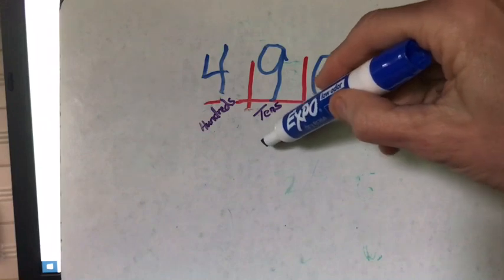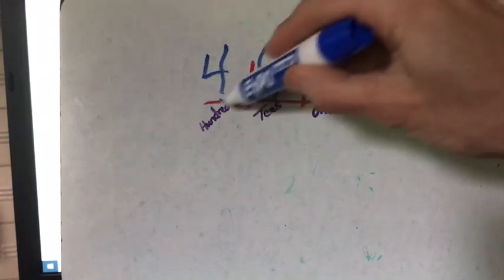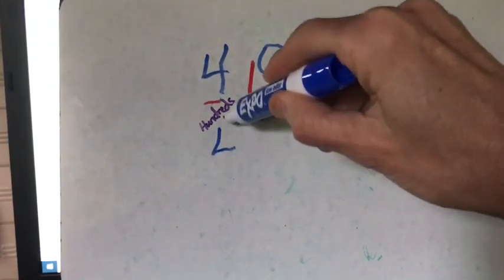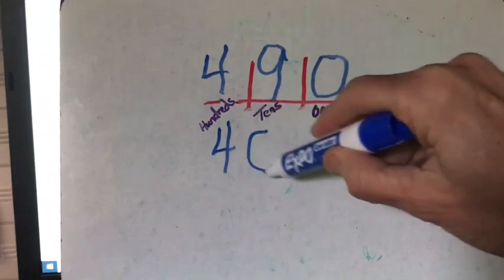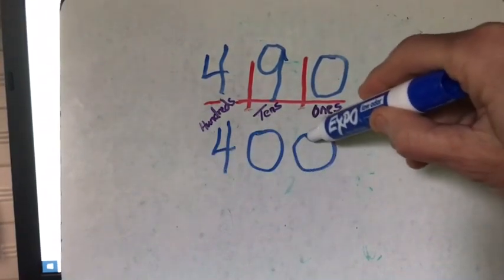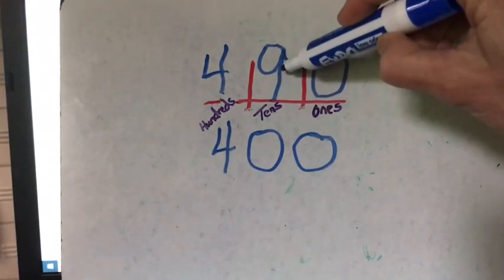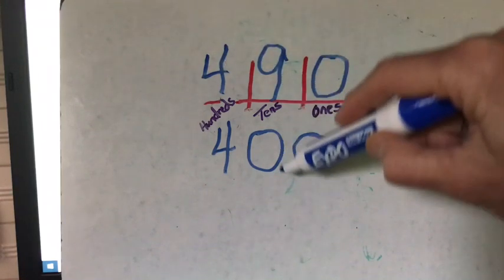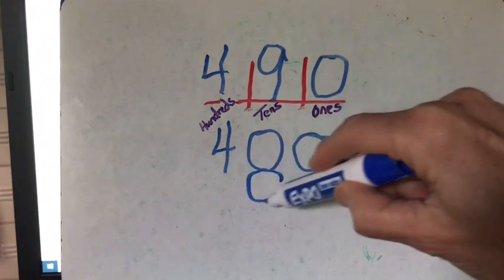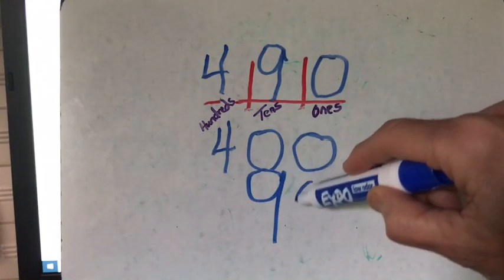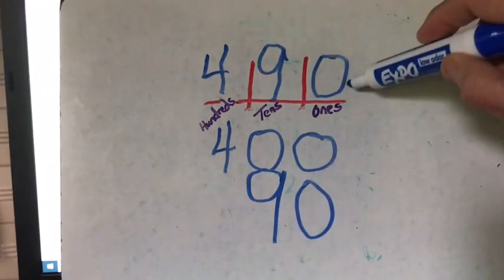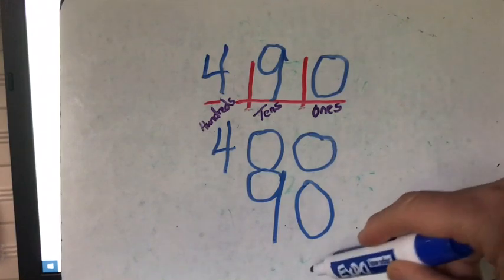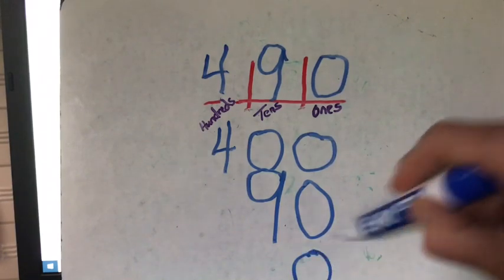So when I go back and put this in expanded form, I take the natural number 4, and I say 400, so I write that number. Take the natural number 9, so 90, I have 9 tens and 0 ones, and then ones I don't have anything. So I could put a 0 there right now.